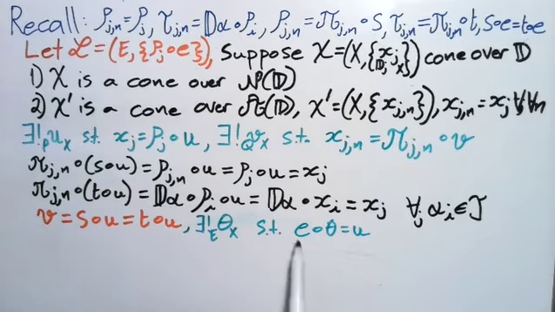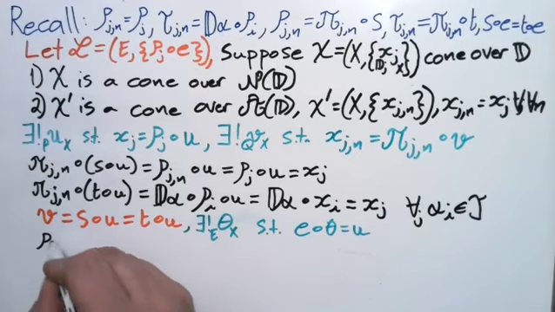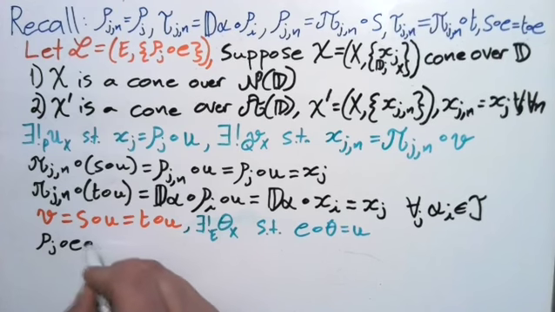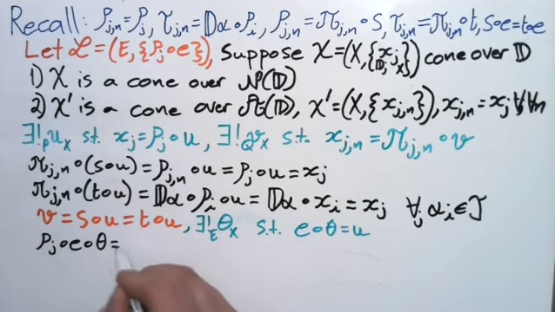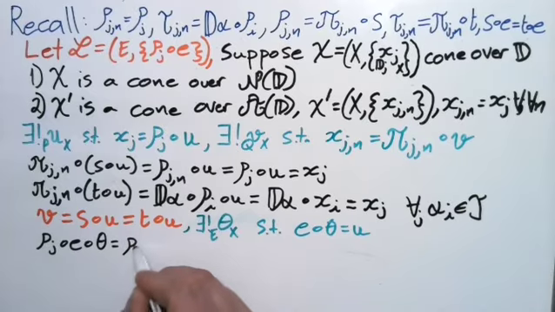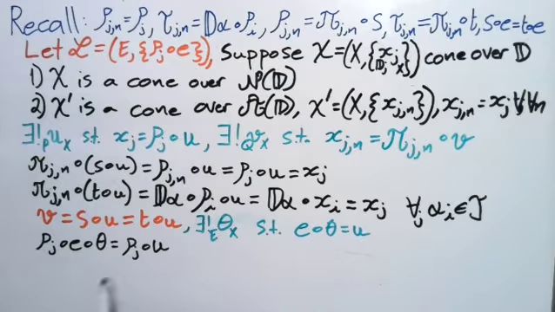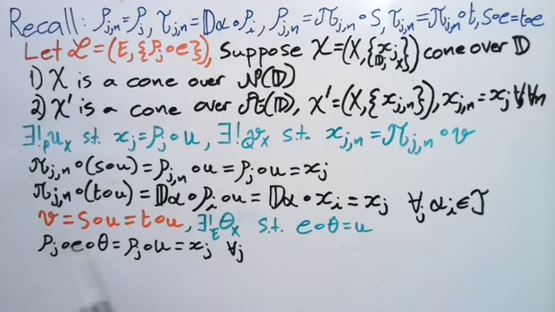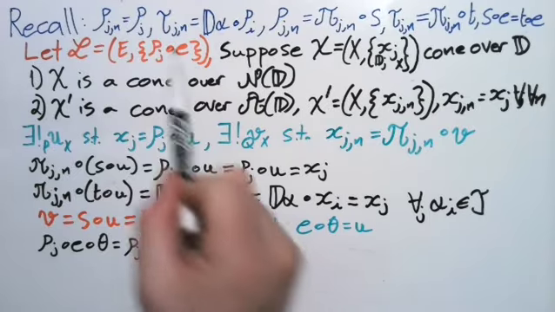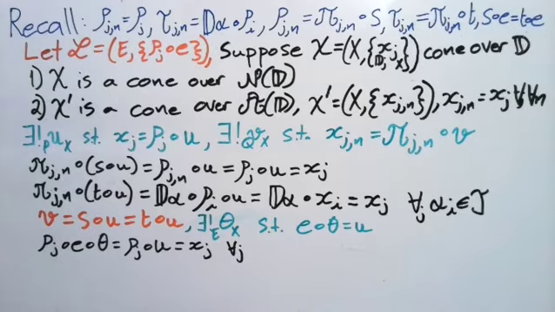But then we can add rho j, any of the rho j's, to both sides to get rho j after E after theta is equal to rho j after u. But rho j after u, remember again, for the third time, is just what commutes with the legs of xj. So this is xj. And remember, these are the legs of our L here, and these are the legs of x.